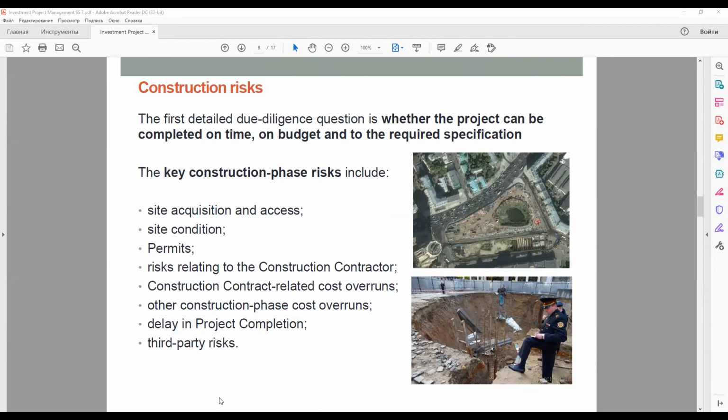The key construction phase risks include site acquisition and access, site condition, permits, risks relating to the construction contractor, construction contract related costs and runs, delay in the project completion, and third-party risks.